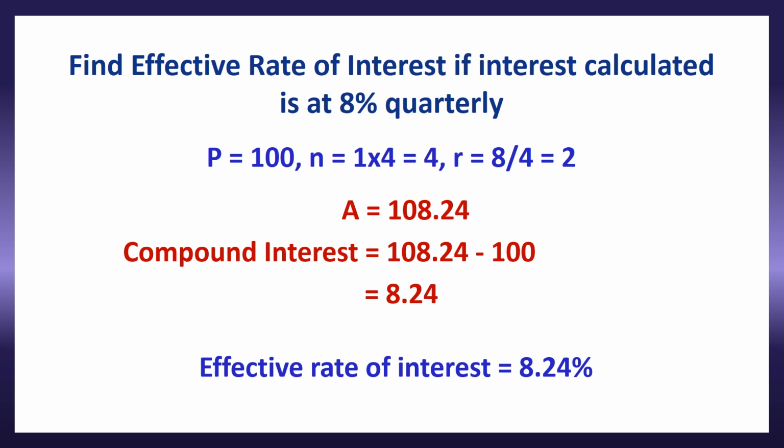So even though it is stated that 8% is the interest, actually in a year we are paying 8.24% when the interest is compounded quarterly. In a year, instead of 8%, when it is compounded, it becomes 8.24%. That is called effective rate of interest.